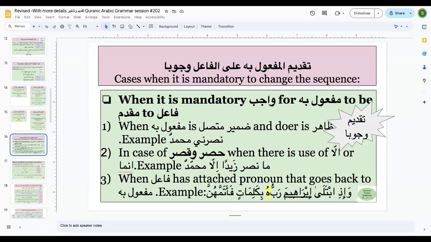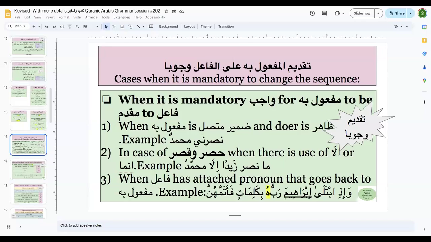Ism zahir here is being compared to damir. If the doer here was nasarani and there was no Muhammad, is there any taqdeem in that case? Is there any taqdeem if there was no Muhammad?